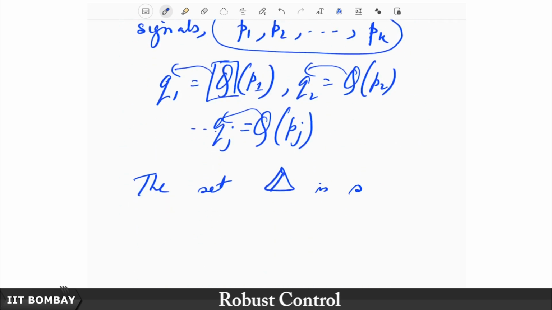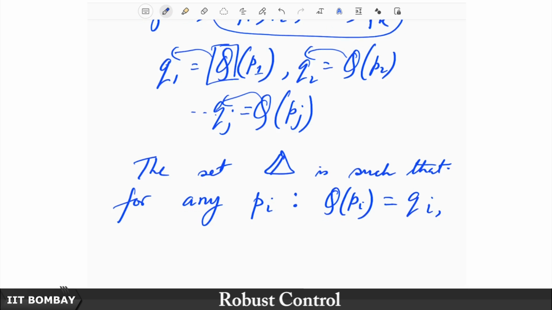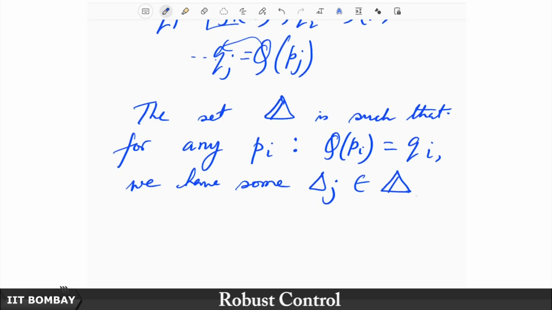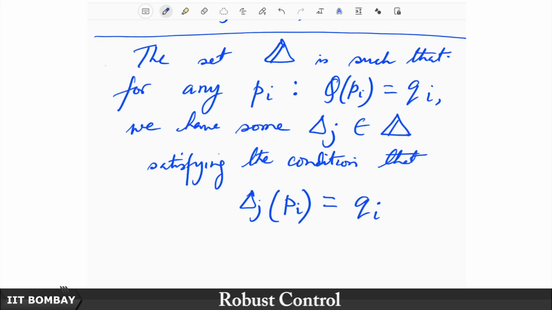The set delta is such that for any pi such that Q pi is equal to small qi, we have some delta j belonging to delta satisfying the condition that delta j, if this would have acted on pi, it would have also given us qi. Seems a pretty long winded sentence now.